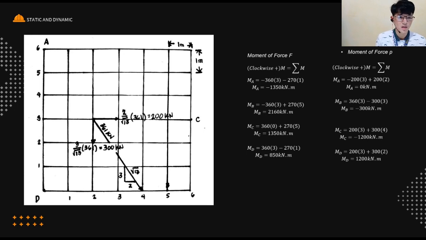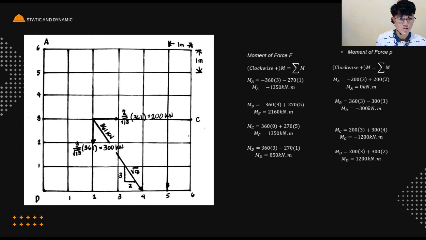Ganun din, clockwise is positive, counterclockwise is negative. So, summation of moment. So, moment of A equals negative 200, dahil kung makikita natin ulit sa figure is counterclockwise yung ikot niya, times 3 which is yung distance, and then plus 200 clockwise times 2.